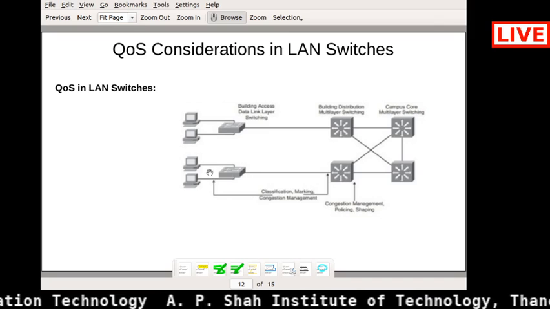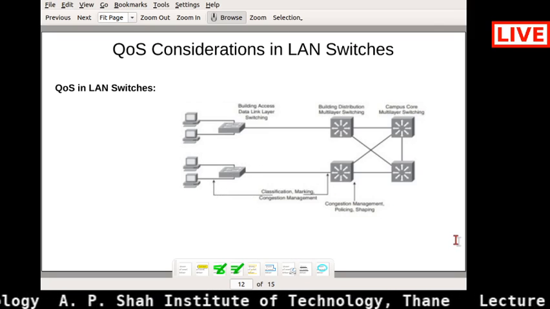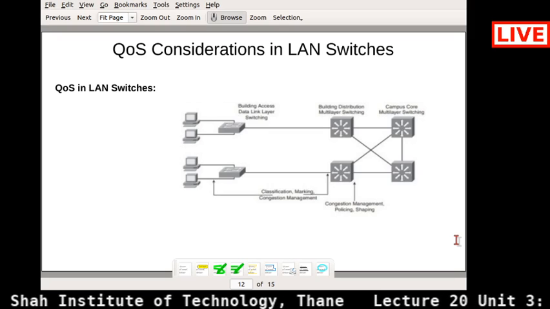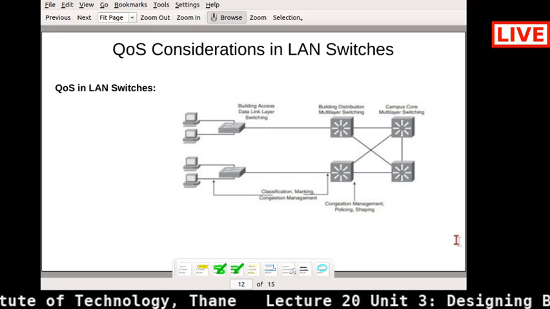If you see the diagram, data link layer switches are commonly used in the building access layer.